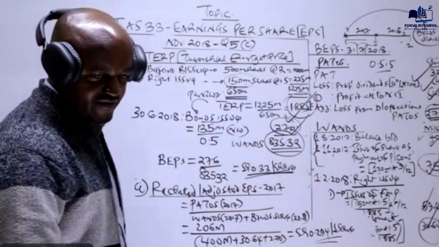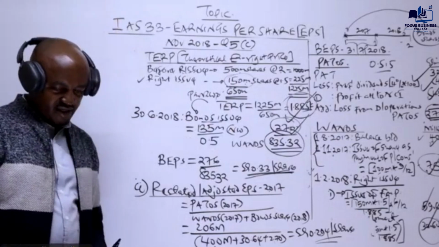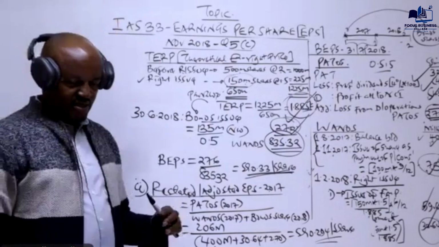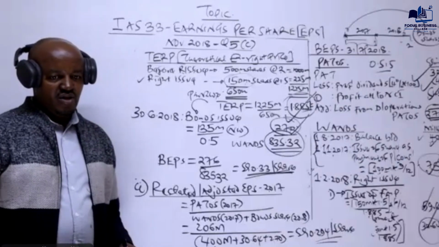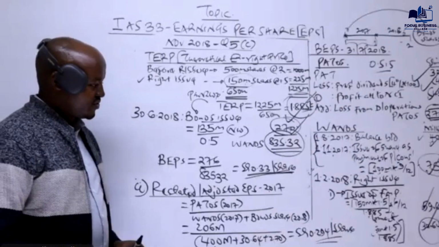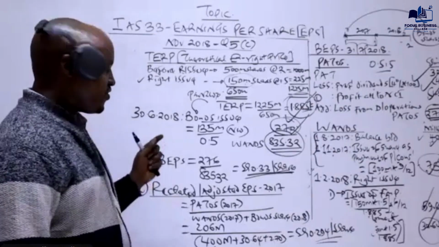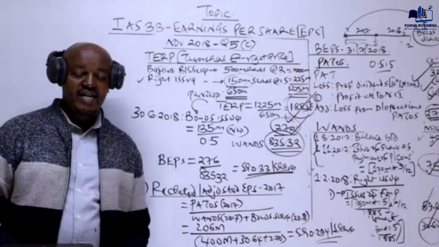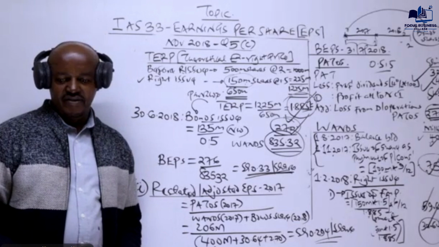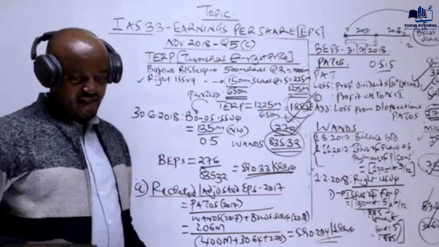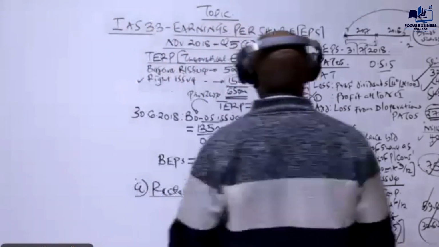And the figure I'm getting from Otunga, I'm getting the same. I'm getting the same from Phoebe. Yes, so basically that is what is required there, the computation of the restated or basically adjusted earnings per share for 2017. So that is it, that is basically what is required in that question.